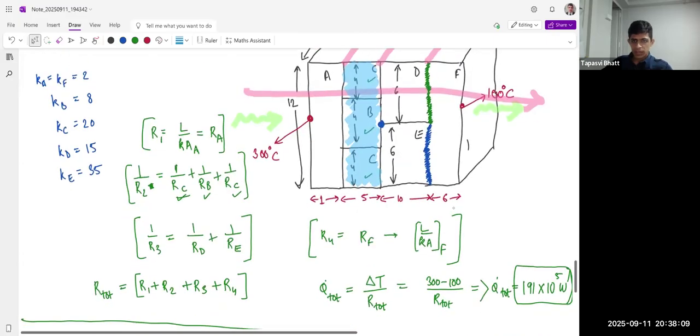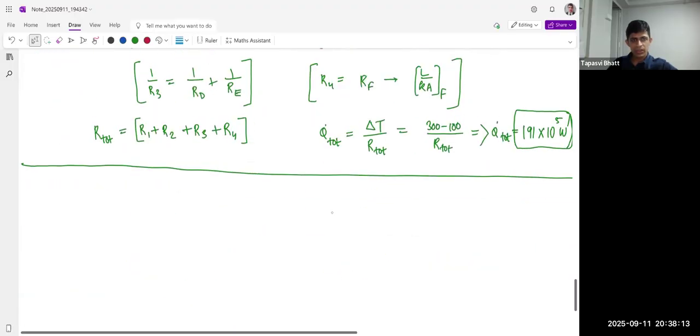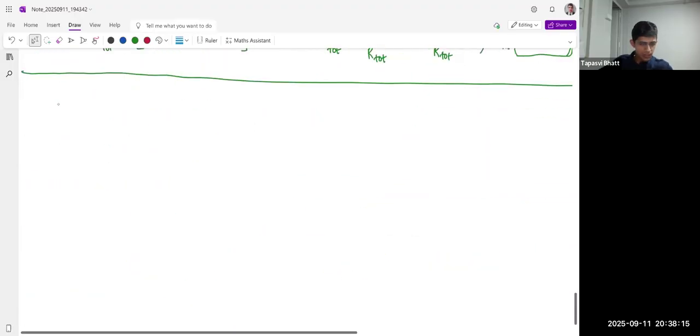Okay, so I think I should do it here. Our contact is 0.00012 meter square times delta C over what?